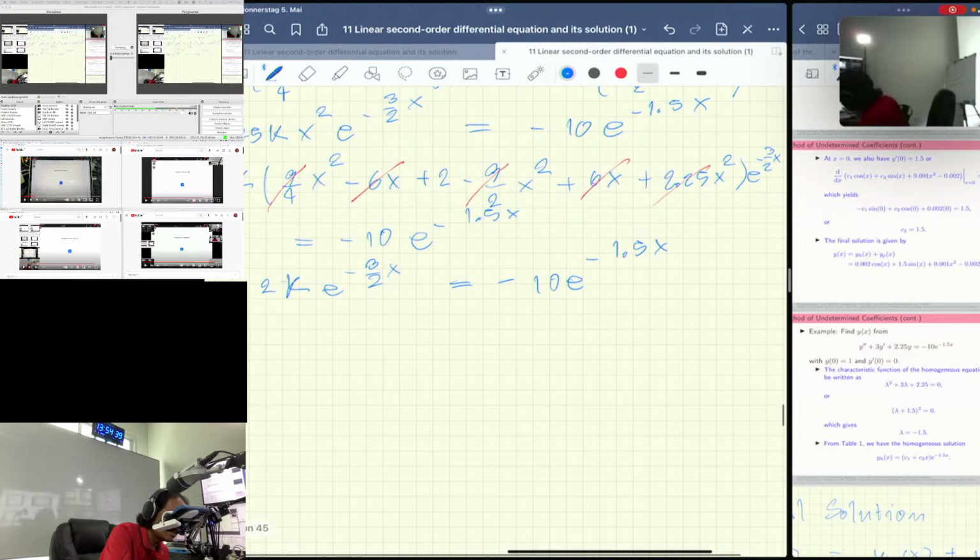So therefore, we have 2k equal to negative 10, right?